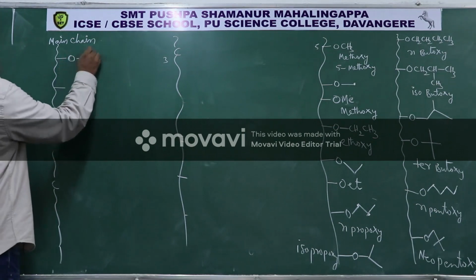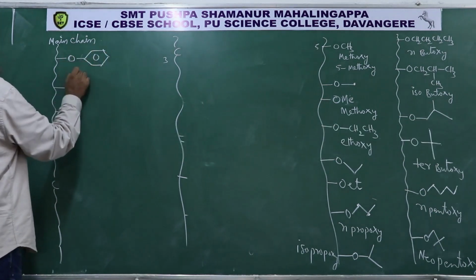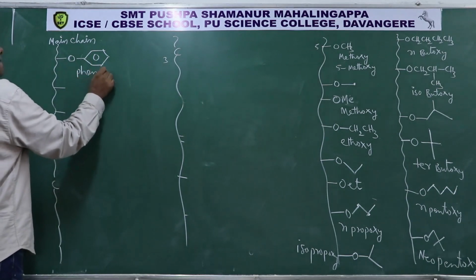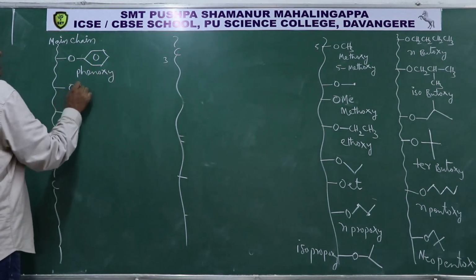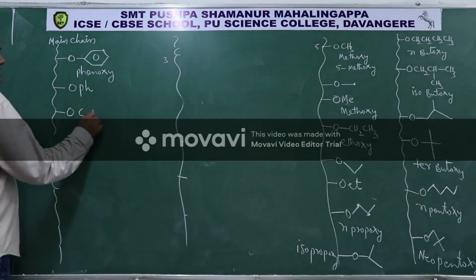O is attached to a benzene ring. This is a phenyl group, it is oxygen, it is called phenoxy. That phenoxy is also written as OPh, or it is also written as OC6H5.